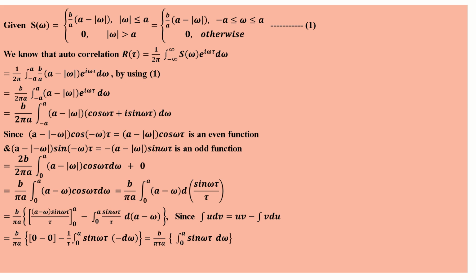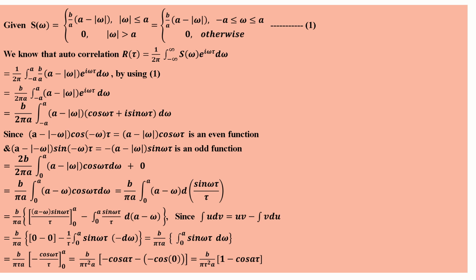So taking it outside, minus 1 by tau integral 0 to a sin omega tau into minus d omega is equal to b by pi tau a integral 0 to a sin omega tau d omega. So we are taking minus outside from minus d omega. Already you have minus outside, so minus into minus is plus, right.